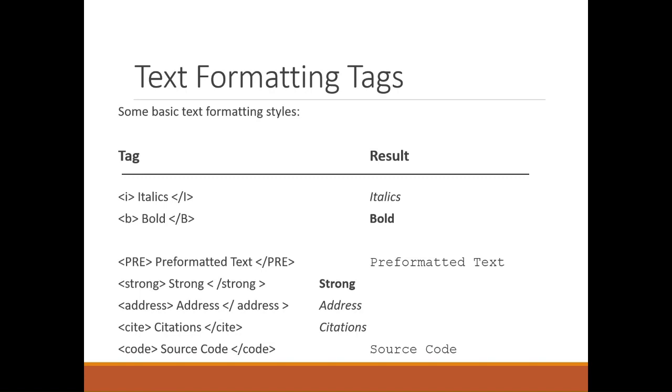We'll be seeing that later in our demo. And strong is for this kind of output result. As you can see, this is the tag and this is the result on your right hand side. Address for this kind of font, I guess. Cite for citations. Code for source code.